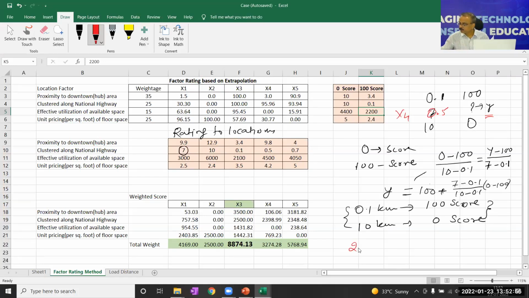It is given 2000 to 4000. So we have taken a mean. So 2200 we have taken as a mean and we have given that a score of 100. Okay. And now for 0, it will drop by 10%. That means 220. So for coming to 0, it will need another 2200. So for 0, it will get to 4400.